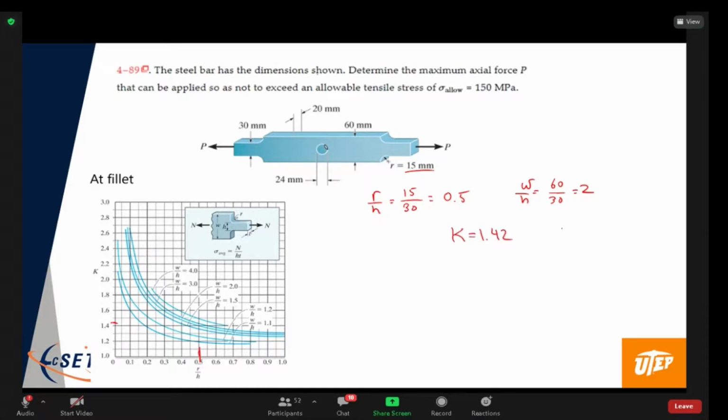That's the stress concentration factor, between 1.4 and 1.5, but pretty close to 1.4. And now, again, we're assuming a force of 1 kilonewton. So now let's get the average stress, which is the stress on that reduced area.